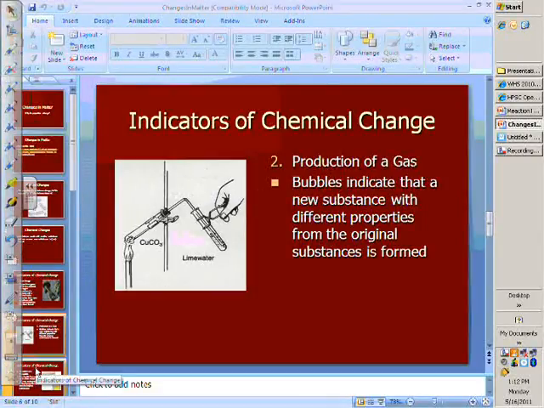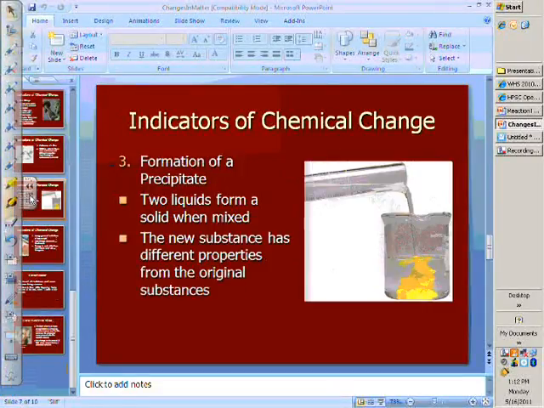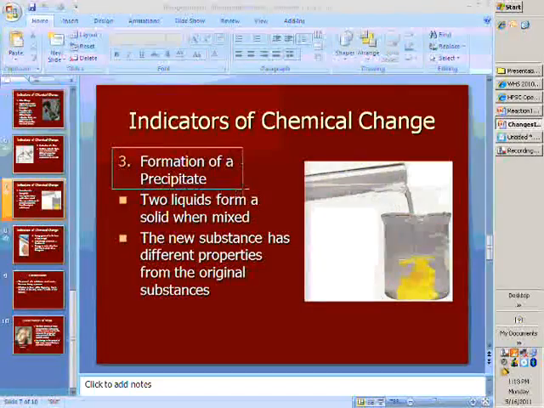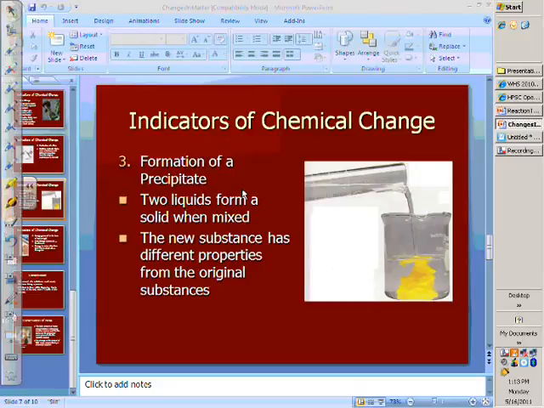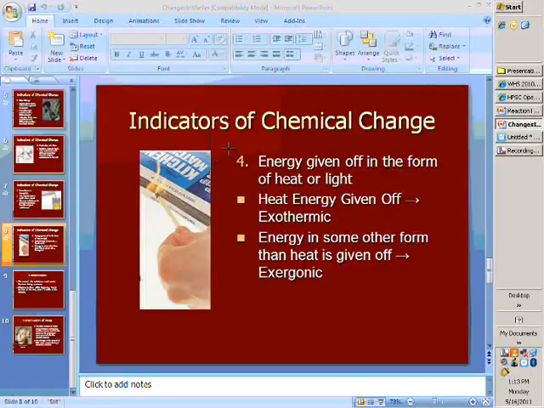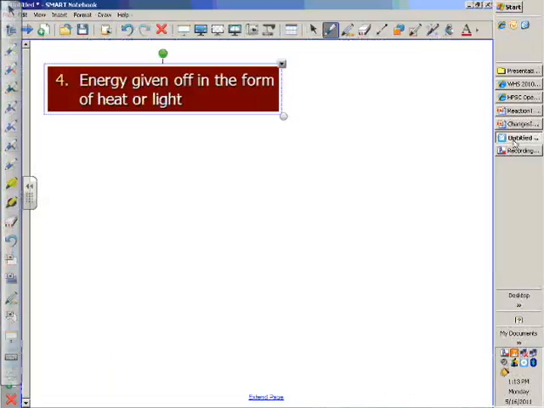Third thing we look for, formation of a precipitate. So we get two solutions, and then we get a solid out of them. A lot of times that just means that it could be cloudy, but we still get some kind of a solid out of it. And then the fourth thing that we look for is generally energy given off in the form of heat or light. Those four things will generally indicate that a chemical change has occurred.